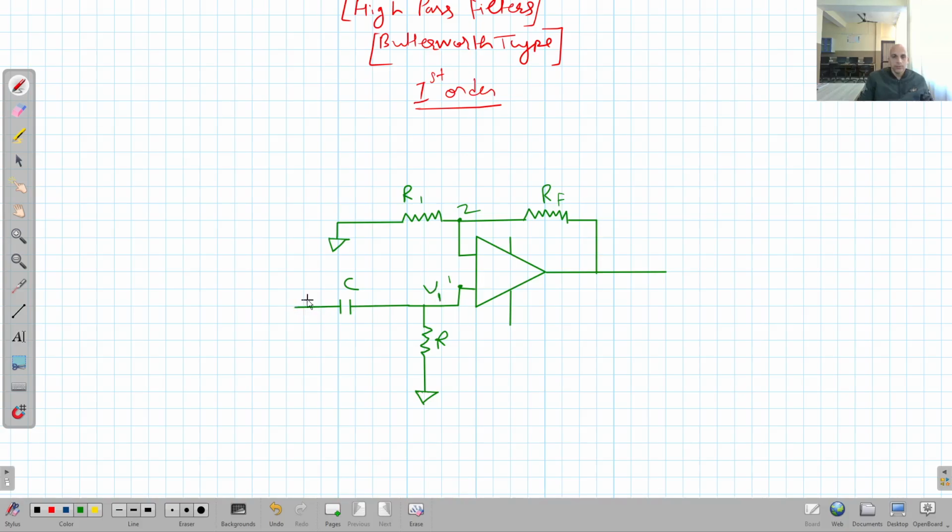Clear? Here we are going to apply the input signal, but before that, this is negative, this is positive. It is plus VCC and minus VEE. This is V output, and we are going to connect the load resistance here.